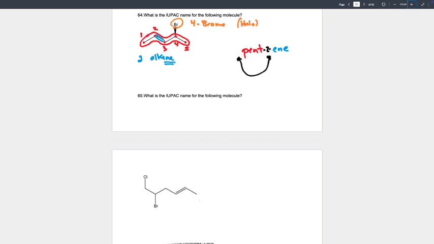So we know our root structure is going to be called pent-2-ene. We have identified the main chain, we've identified the main functional group and its locator. We now need to include the final substituent. Where's the final substituent? That was 4-bromo. So put together we have 4-bromopent-2-ene.